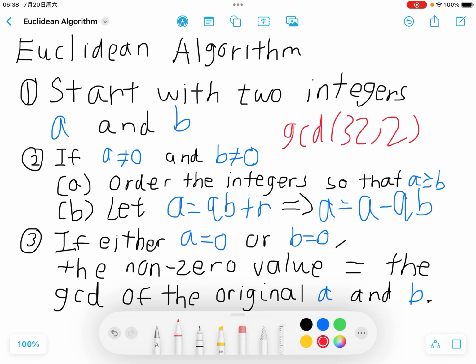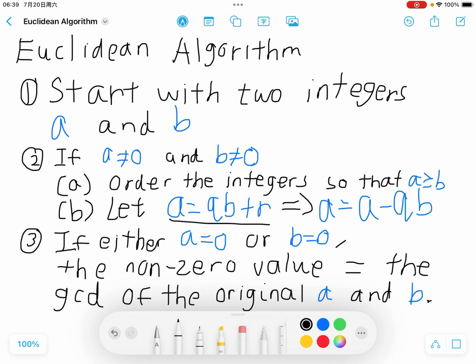If I did the original process, which is a equals a minus b, I would have to change this to GCD 32 and 2, and then 30, 2, and then 28, 2, 26, 2, 24, 2, 22, 2, blah, blah, blah, until one of the values is 0. So that's an extremely annoying and tedious and time-consuming process. You don't want to do that in any of your exams or any time you need to use the Euclidean algorithm at all. So we've simplified this.